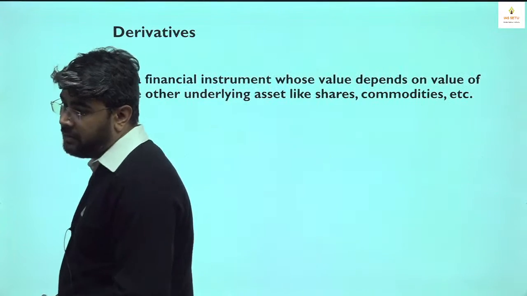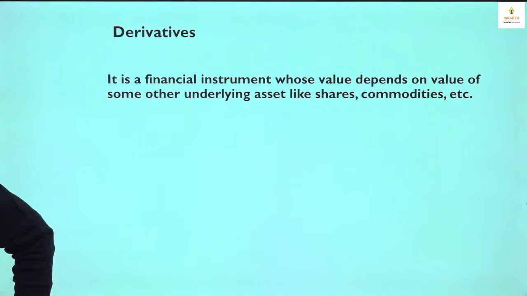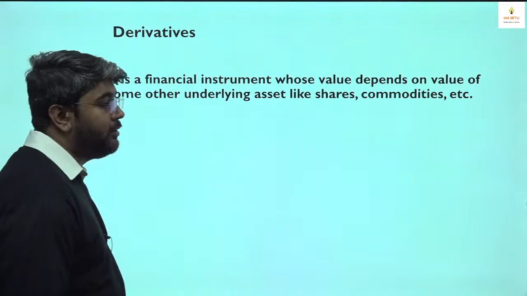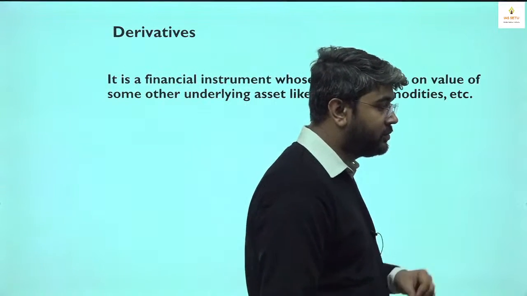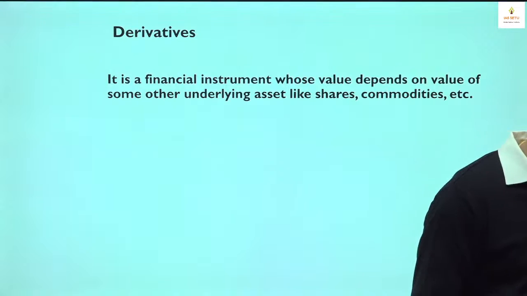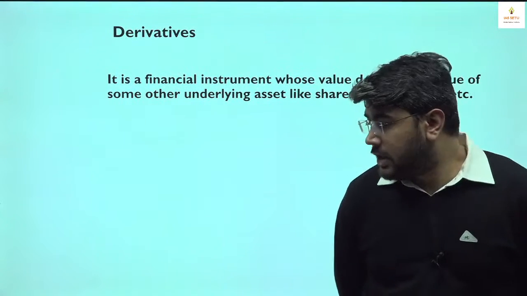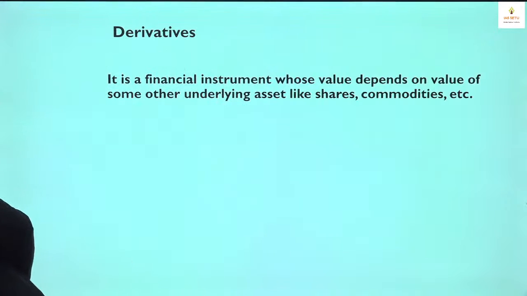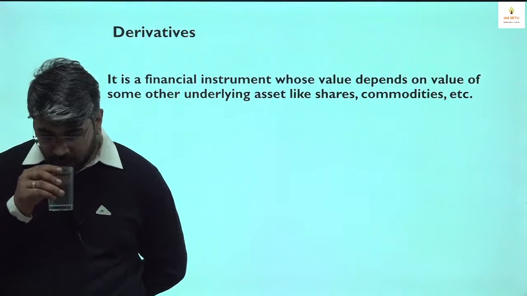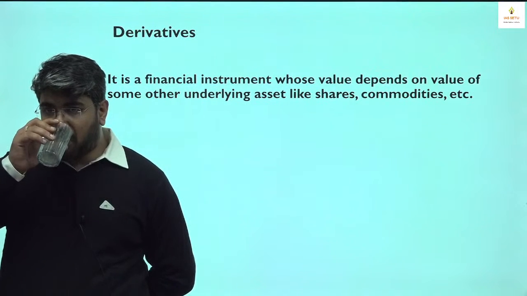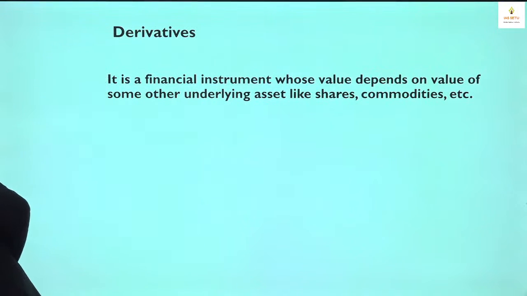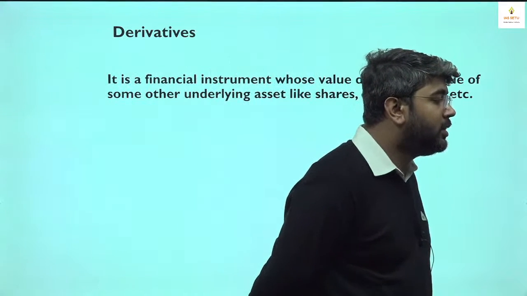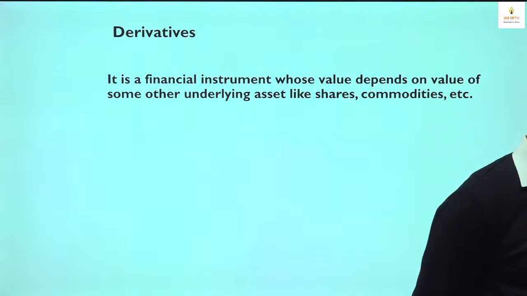So derivatives को हम define भी कर सकते हैं. Derivatives are instruments, right? Now derivatives are financial instruments. Derivatives are financial instruments whose value depends on the value of some underlying asset.